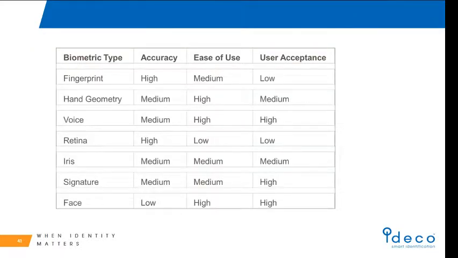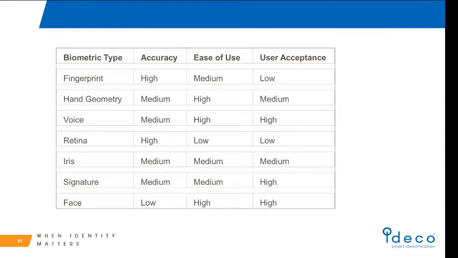So as we look at a variety of biometric types, whether you're looking at finger, hand geometry, voice, retina, iris, you can see there are different levels of user acceptance, different levels of ease of use, different levels of accuracy. This is not a complete list of biometrics. We haven't included here palm vein, which is a Fujitsu technology, which has very high levels of accuracy, is easy to use, and has fairly high user acceptance.